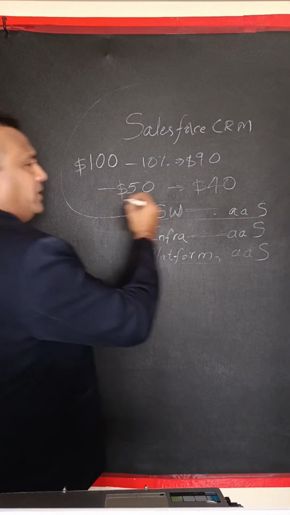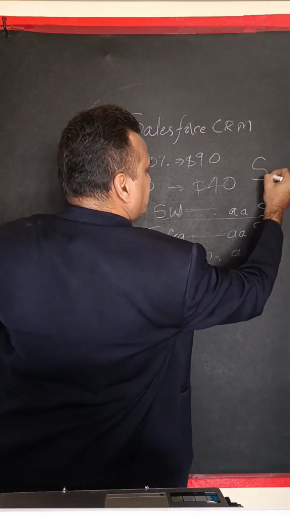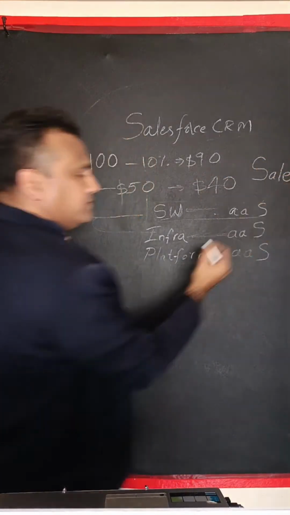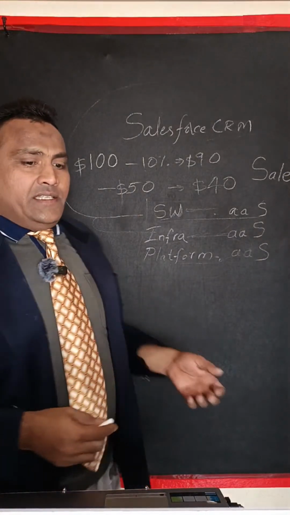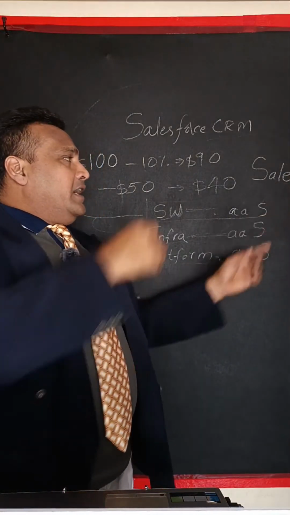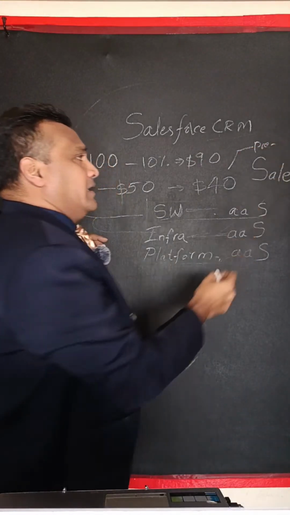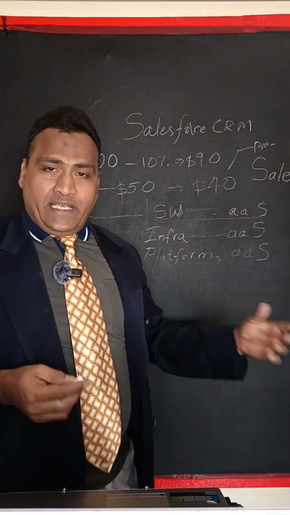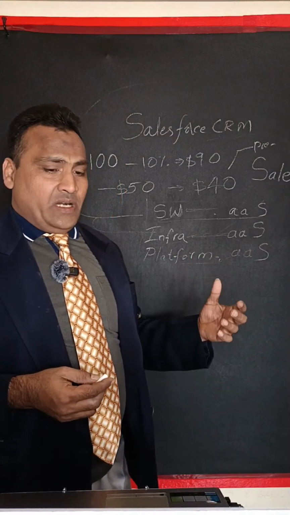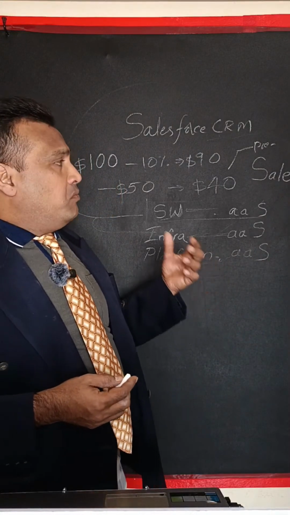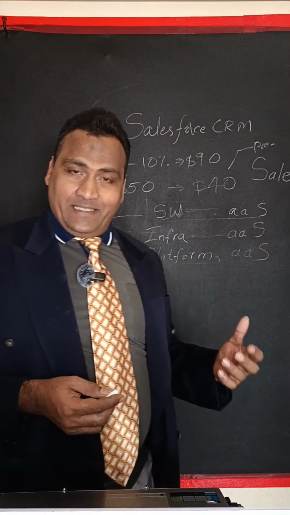So sales is the main area, and before sales is what we call pre-sales: campaigning, publicizing our products, the publicity part, what we call marketing.